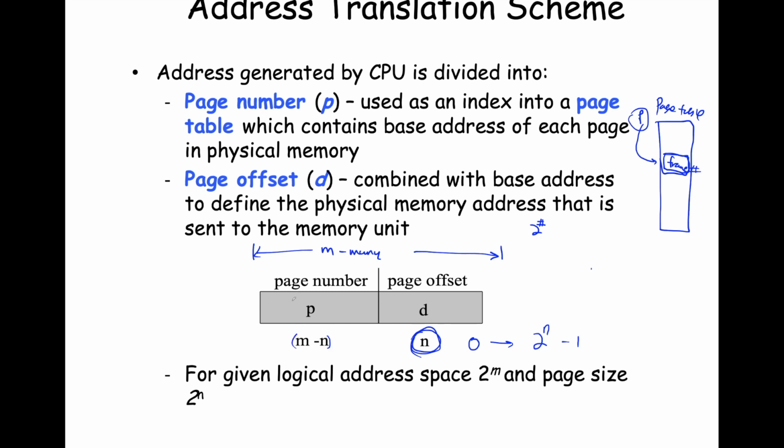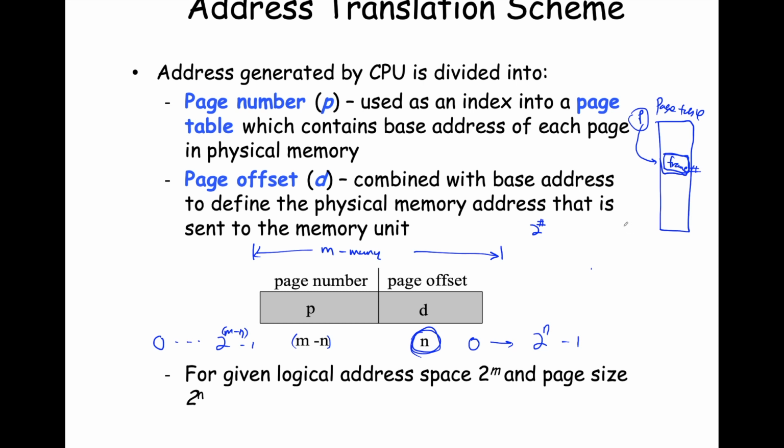So how many pages can you have? How many offsets into your page table? Anywhere from page number 0 up through 2 to the m minus n power minus 1. So that's a total of 2 to the m minus n page numbers, or offsets into the page table.